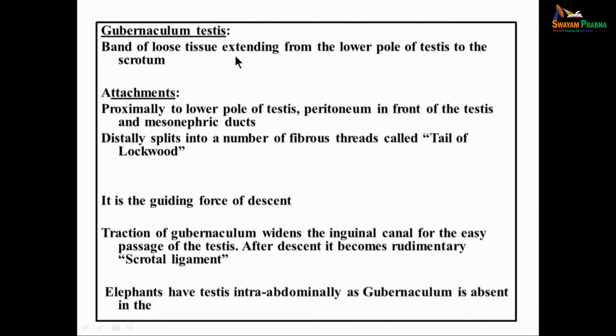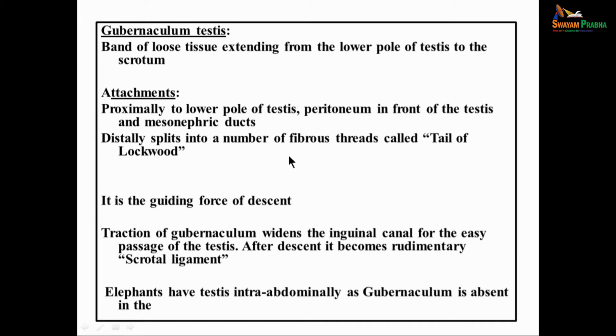Now we have another factor leading to the descent, that is called the gubernaculum testis. Gubernaculum testis is a band of loose tissue extending from the lower pole of testis to the scrotum. Proximally, it is attached to the lower pole of testis, peritoneum in front of the testis, and mesonephric ducts.